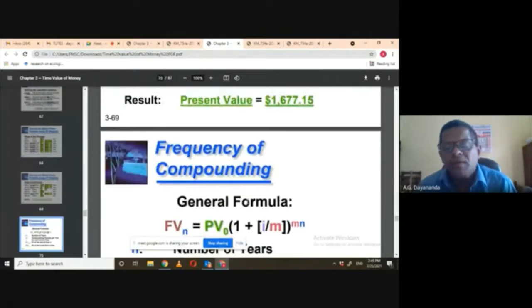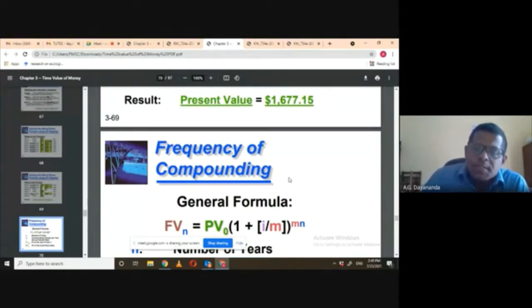Then frequency of compounding. Frequency of compounding means, for example, certain banks may tell that our interest rate is 12%, but we are calculating interest monthly.